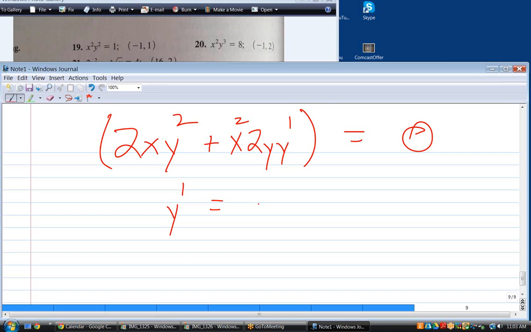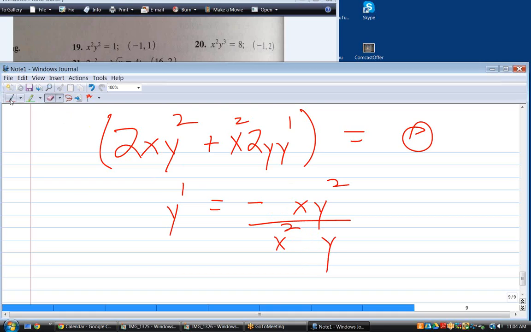Let's see. Move that over, divide by that. Right? That's what we've been doing. So negative 2xy squared divided by x squared 2y. 2's I can take out of there.